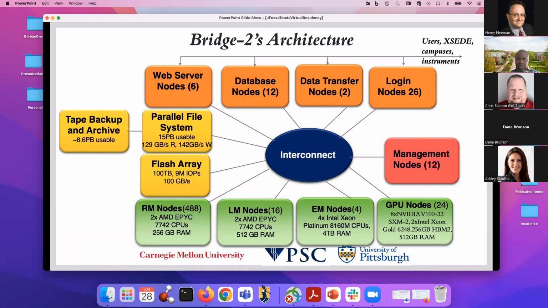And really important, and I've had some of our users use Bridges 2, especially the regular memory nodes for computational chemistry purposes. It has 488 of them with 256 gigabyte of RAM. You have the large memory nodes with 512, and of course the extreme nodes with 4 terabyte RAM. The GPU nodes, there are 24 of them with 512 gigabyte of RAM.